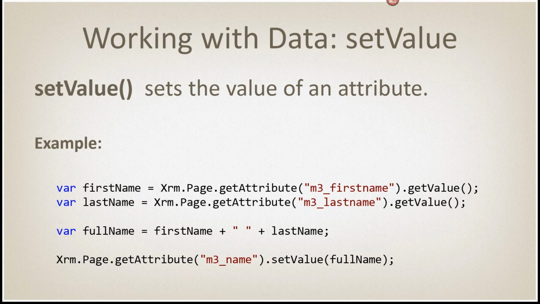One thing about the attribute names: they're always lowercase. So if you try to give it a mixed case, like a capital L, capital N for last name, it would fail. All the attributes are always lowercase.